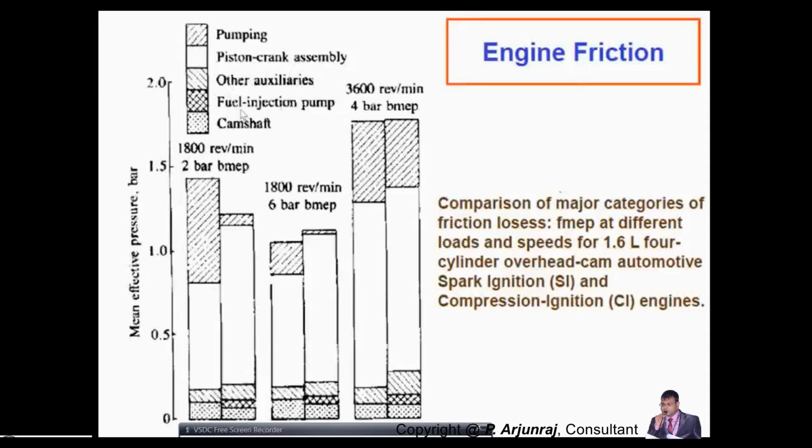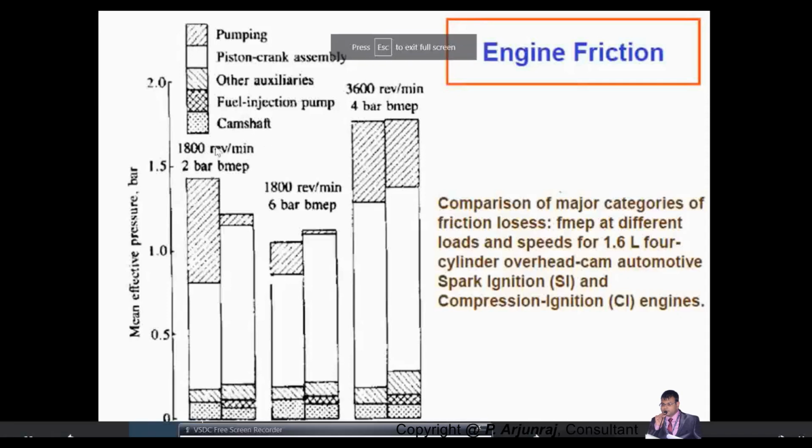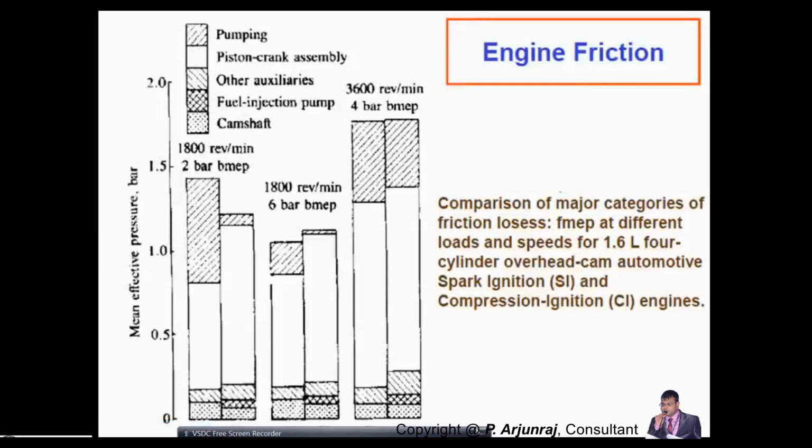Then here you have the friction that is also going to get developed because of the fuel injection pump. That is what is shown here in terms of double dashes in opposite directions. We are also going to have the camshaft mean effective pressure, which is going to be higher in the SI engine than that of the CI engine.